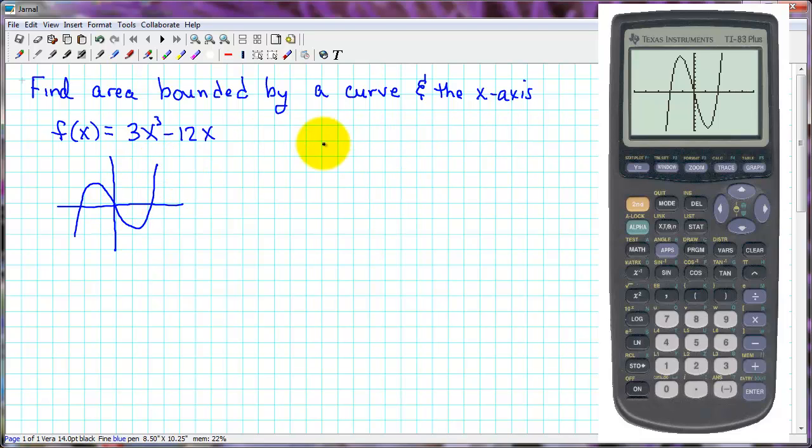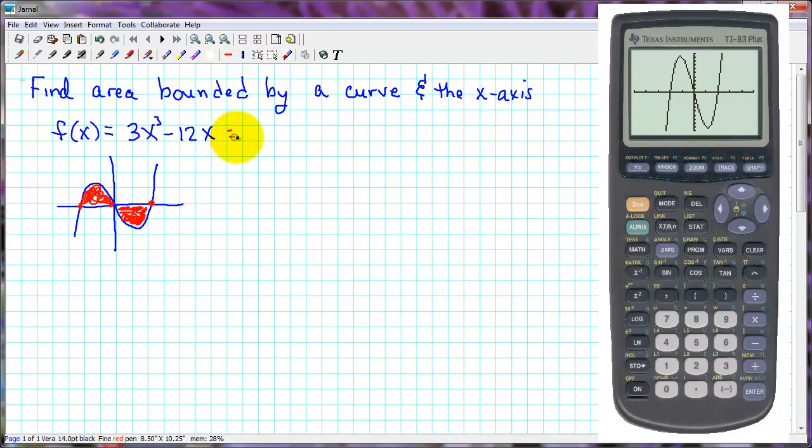Now we could use the graphing calculator to find our x-intercepts because we are interested in the region bounded by the x-axis and the function. So we're looking for those two areas. And so we want to find our x-intercepts here to find our bounds for our two regions.